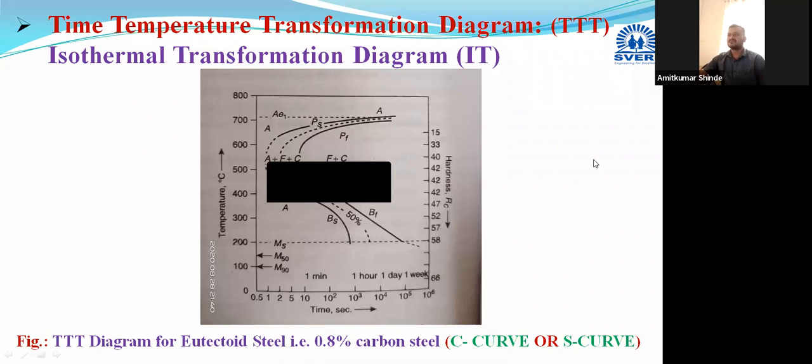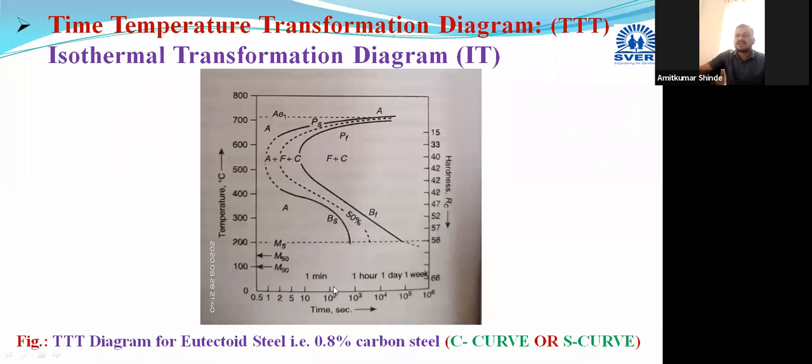Okay, now let's start with the TTT diagram. This TTT diagram is on your screen. One TTT diagram I have highlighted here, and this TTT diagram is for eutectoid steel.